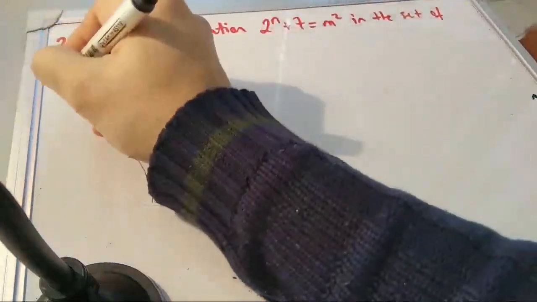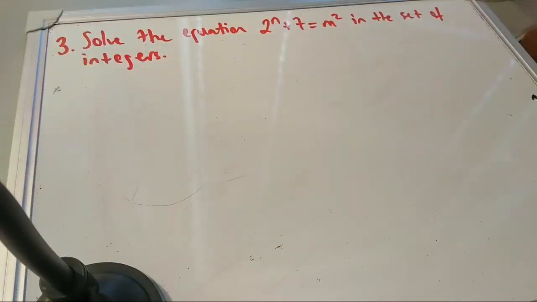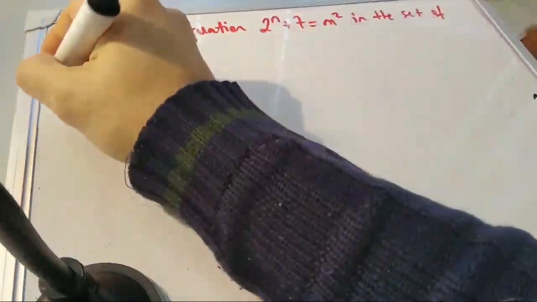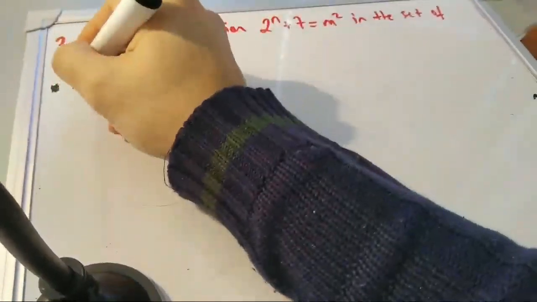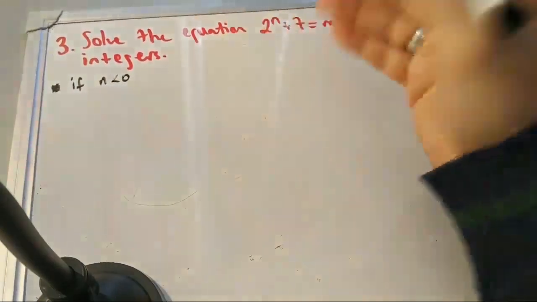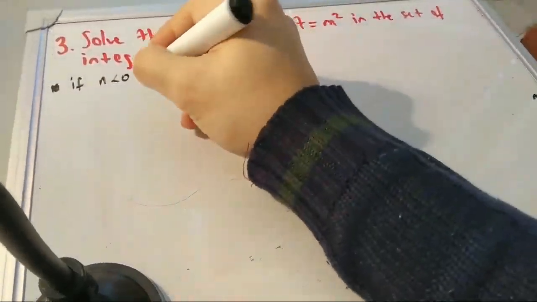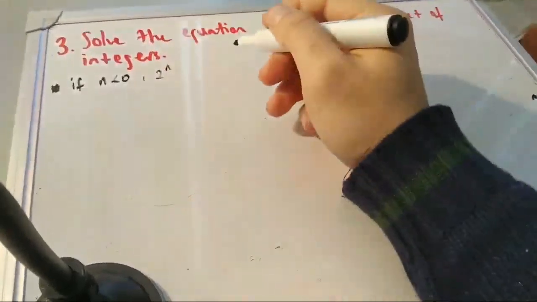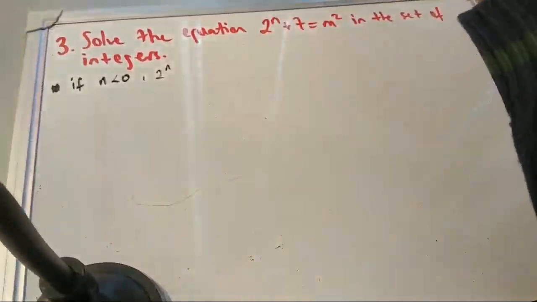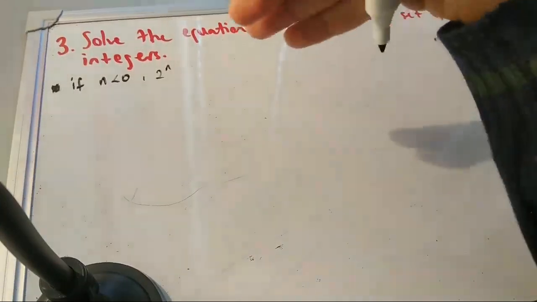Okay, let's start. If n is less than 0, for example -1, 2 to the power of n is a fraction, right? 2 to the power of -1 is 1 over 2. 1 over 2 is not an integer, it is a fraction.